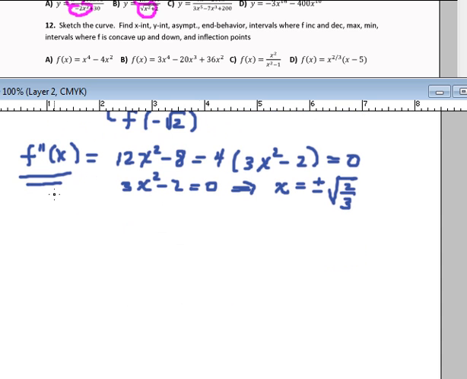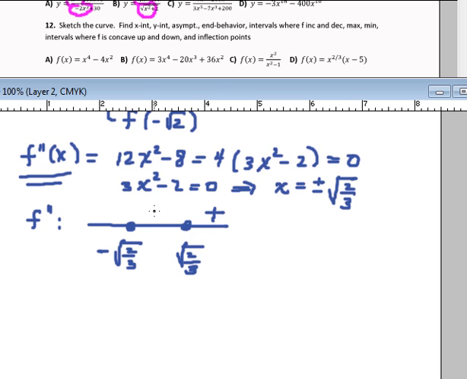So we do our plus minus analysis for f double prime. And substituting in values, we get positive, negative, positive. So here the graph is concave up, and here's down, and here's up.